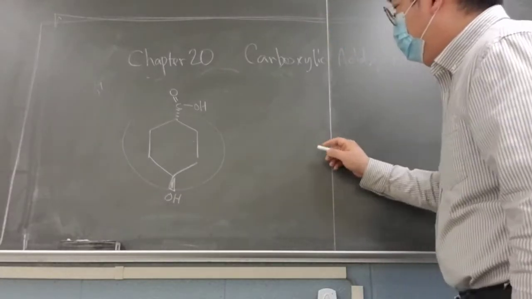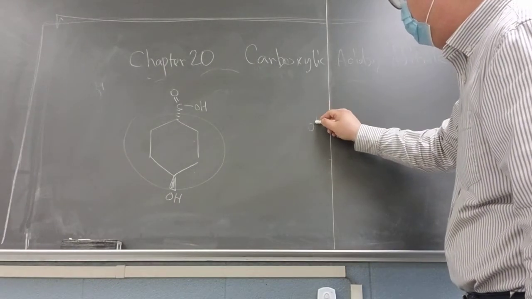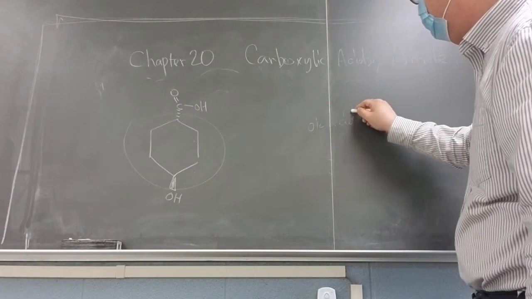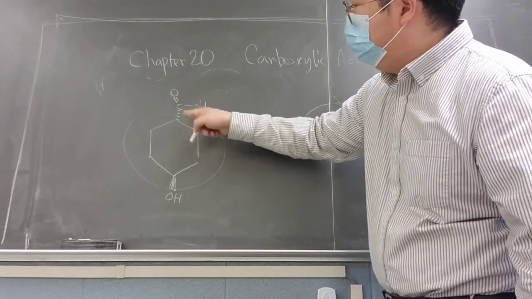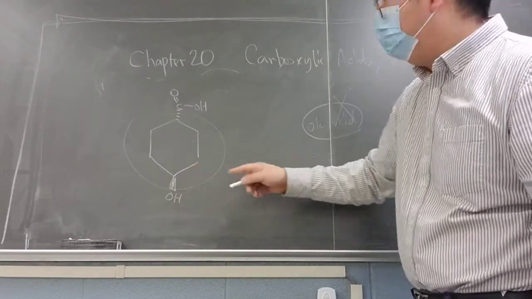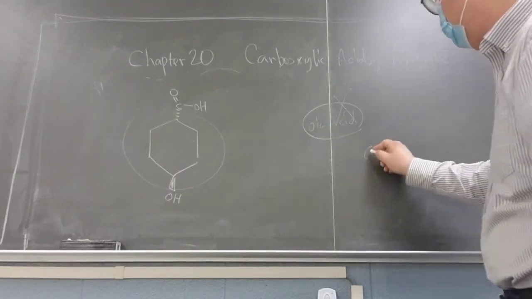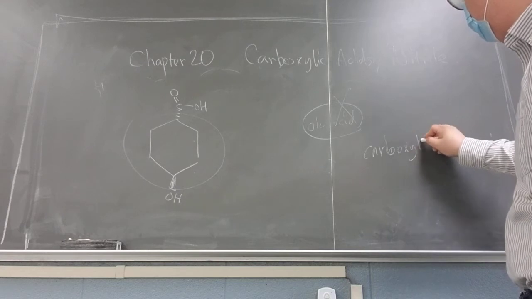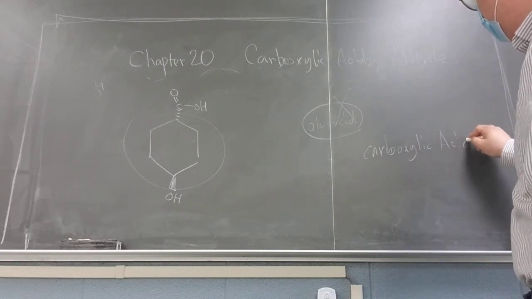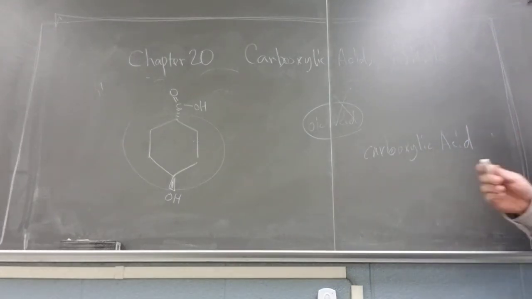Whenever you do this one, you don't have to do -oic acid anymore. If you have a carboxyl group on the cyclic compounds, you can do carboxylic acid as your suffix, carboxylic acid.